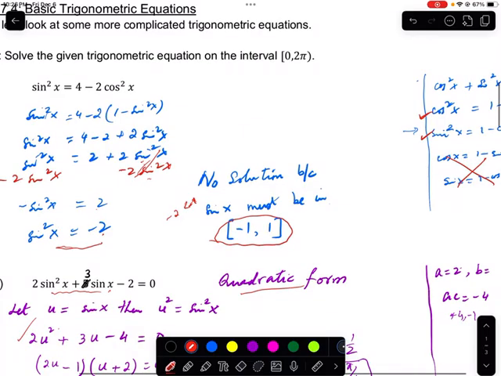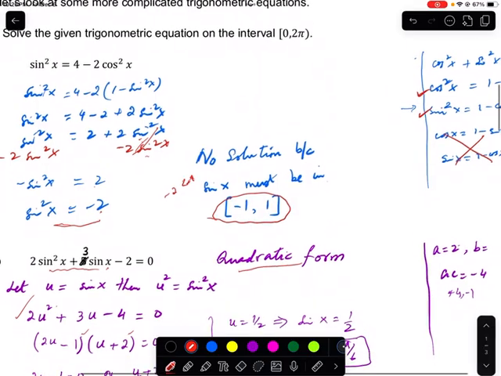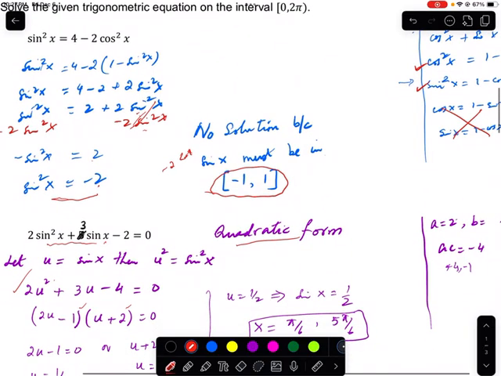We get two values: one value is 1/2 and the other value is negative 2. Now u equal to negative 2 means sine of x is equal to negative 2. But like in the previous example, that is not an answer because negative 2 is less than negative 1.